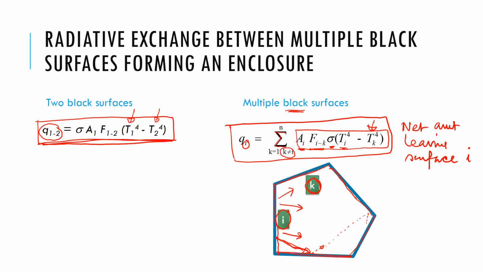So this equation for multiple surfaces forming an enclosure is not for gray surfaces. It's for black surfaces only, where there's no reflection from the surfaces.